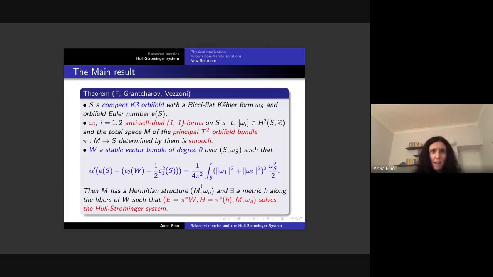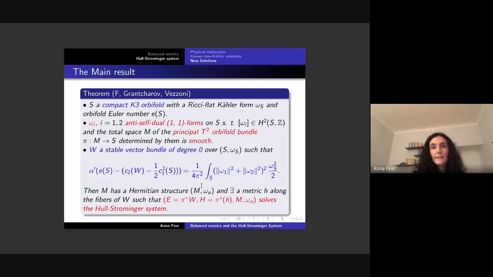And now let's take, as in the other construction, two anti-self-dual (1,1)-forms on S, omega i, such that the cohomology classes are again integral. And suppose we take the total space M of the principal T2 orbifold bundle determined by the omega i, then suppose that it is smooth, okay?